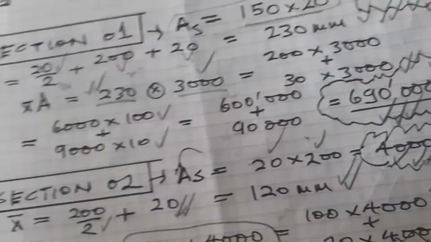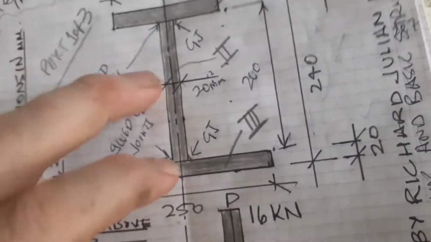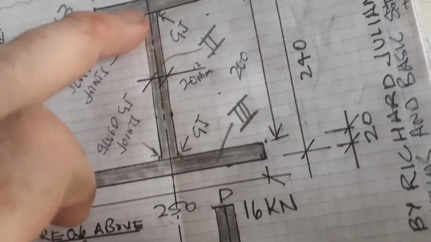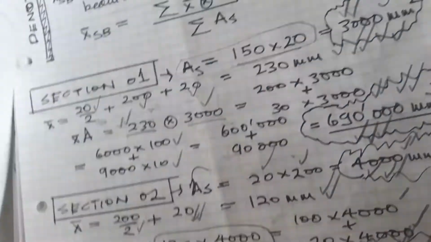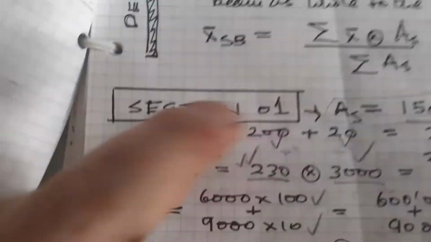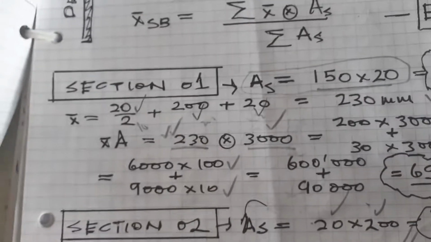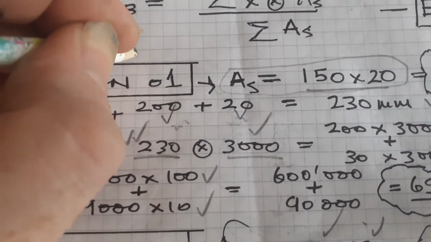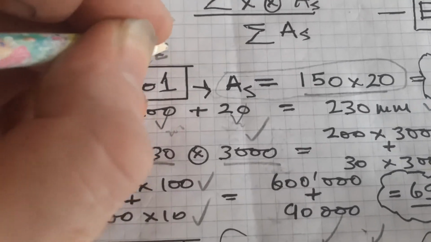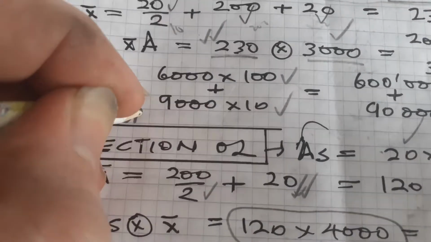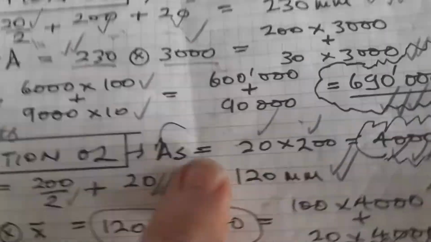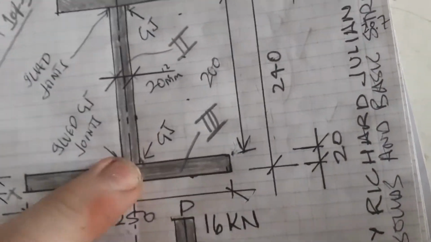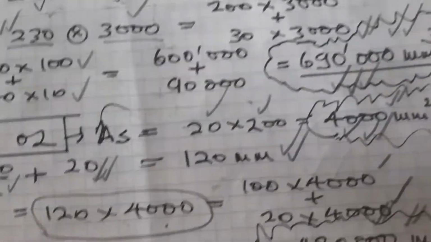Then for section 2, which is the vertical section, the web. Section 1 was the top flange, and section 2 is the web. So AS is equal to B, which is 20, times 200, which is 4,000.